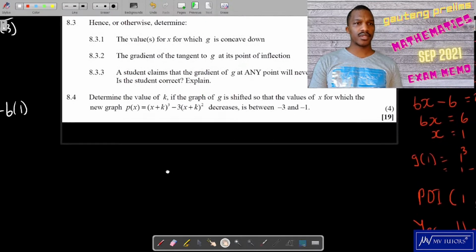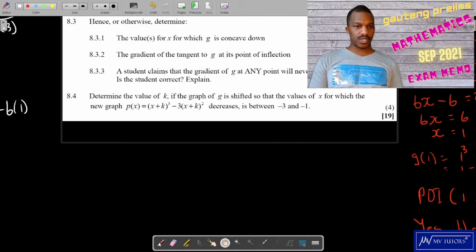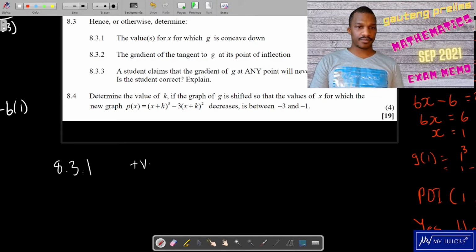Number one, we must know that a positive graph ends with a smile. Okay, but it starts being sad, so it's like this really.